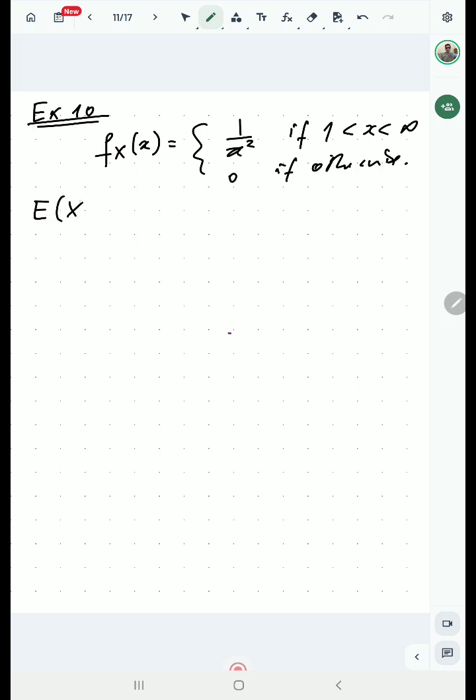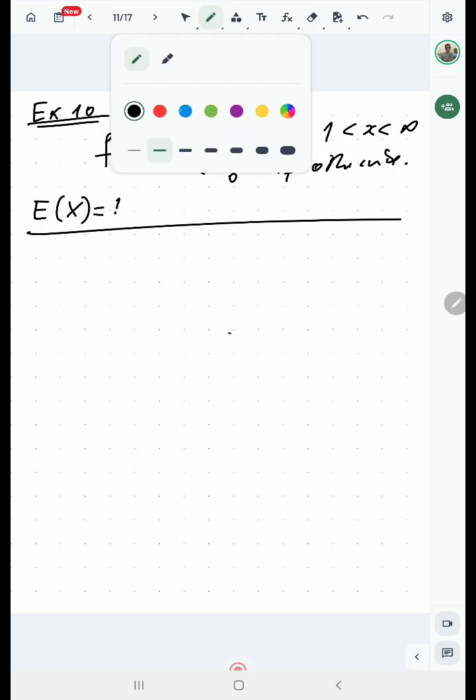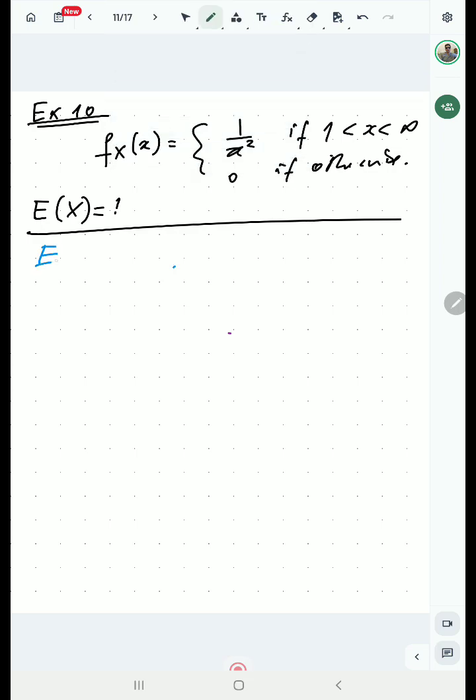Now the expectation of X is the quantity that we are searching for. Let me use another color for the solution. The expectation of X is equal to the integral from minus infinity to positive infinity of x times f_X(x). We know this.